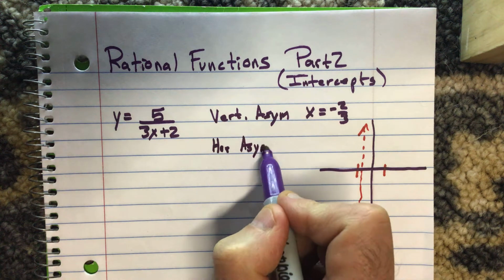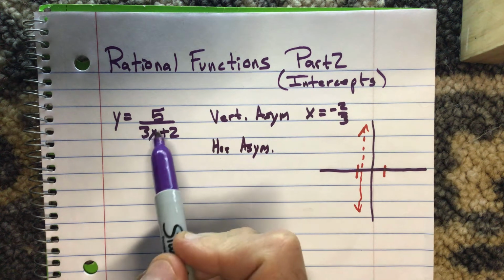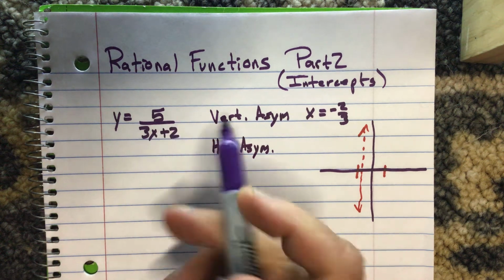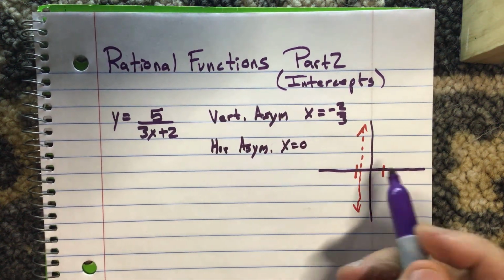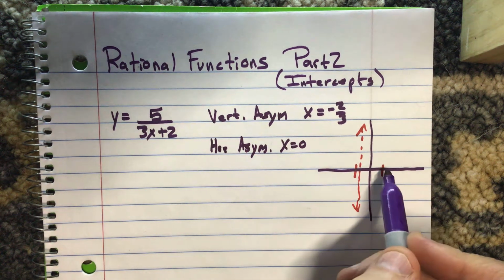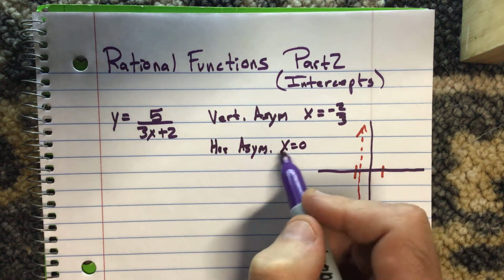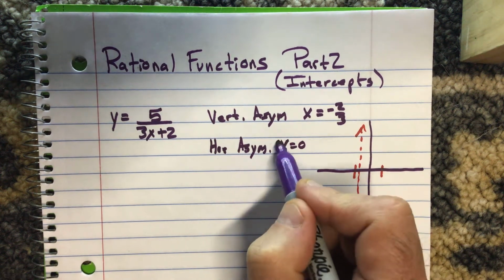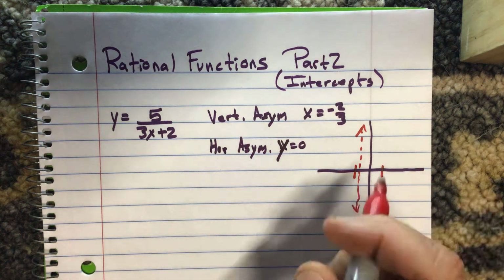As I said in the last video, I look at the exponential value of the numerator and the denominator. This one is greater than this one, therefore x equals 0, which is the axis here, is a horizontal asymptote. Actually, it's y equals 0, not x equals 0. Y equals 0 all the time. So right here we have a horizontal asymptote.